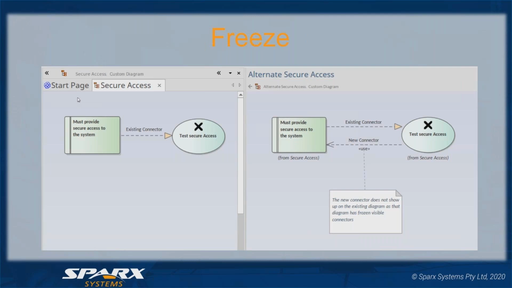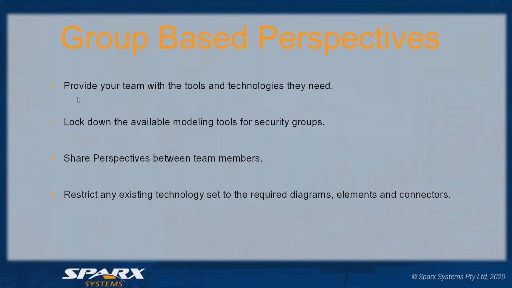So this is once again great for presentations, and it's really powerful for being able to present information on a diagram to management, and it still allows other team members to work on the models without disrupting or changing the way a particular diagram looks.